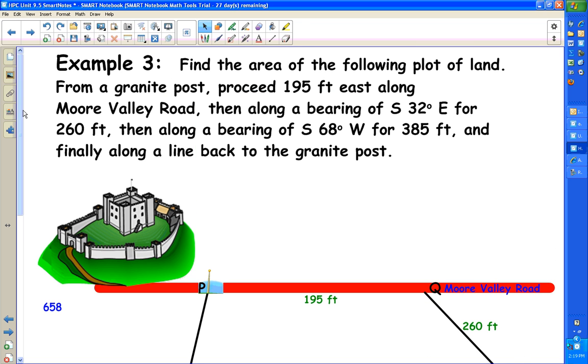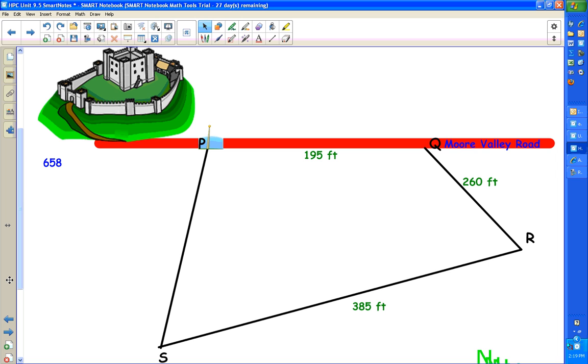South 32 degrees. So that means that right here, you need to think about a little bit of an accuracy deal. So again, sometimes throwing in these north-south lines and east-west lines is helpful. This is the 32 degrees right here. And we travel 260 feet.